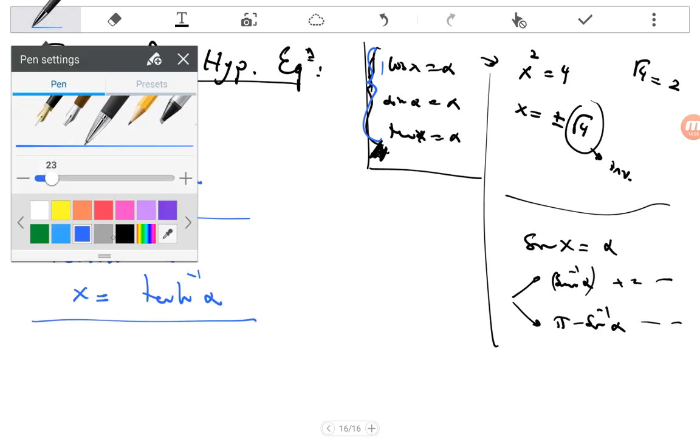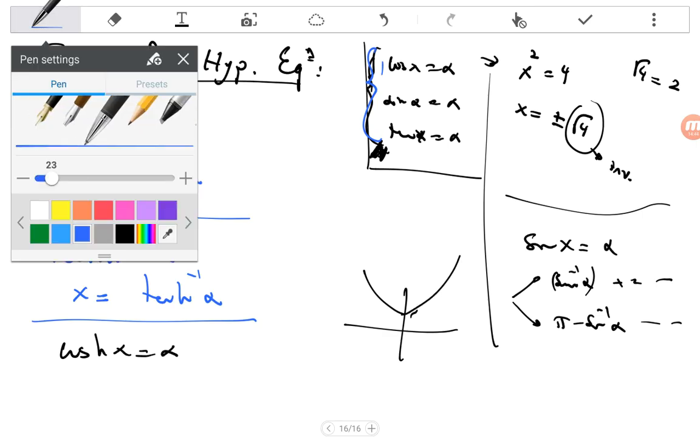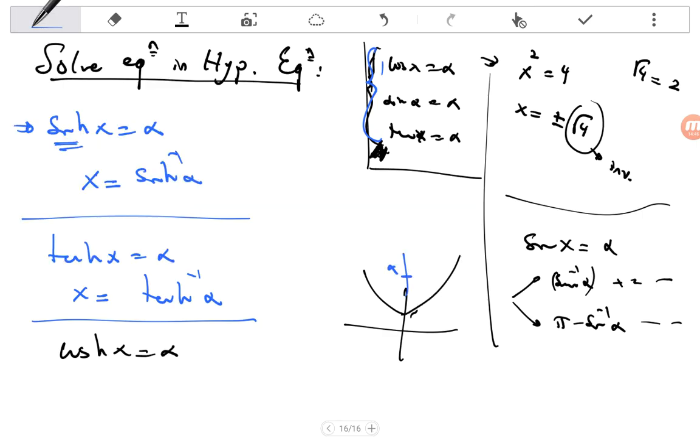But what about this equation, cosine x equal to alpha? When would the cosine be equal to alpha? This is under the condition that alpha is greater than or equal to 1. Whenever I have an alpha that is less than 1 or negative, that equation will be rejected, or it would have no solution.